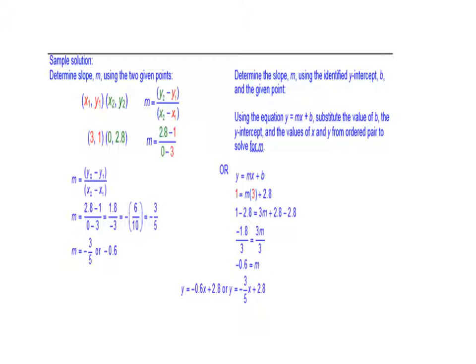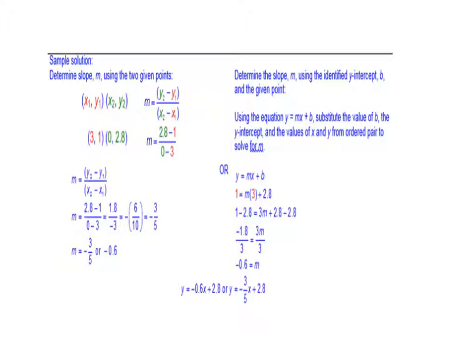So we'll use a slope formula in this concept and subtract 2.8 minus 1 divided by 0 minus 3, we're going to get 1.8 divided by a negative 3. And when we simplify, we'll get a negative 6 over 10, which is the same thing as a negative 3/5.